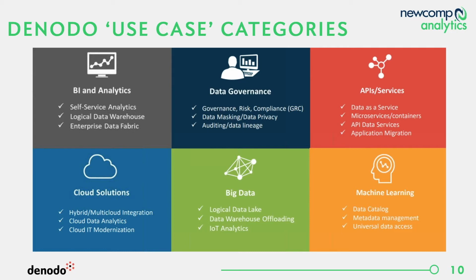It can serve many different use cases. We've seen with Denodo clients that creating a logical data warehouse for BI and analytics is quite popular to serve data for reporting. They may use it for data governance, so for compliance and auditing your data and understanding your overall lineage. We've also seen it used to expose data as a service through APIs. And it can also be used as an abstraction layer for your cloud data sources.